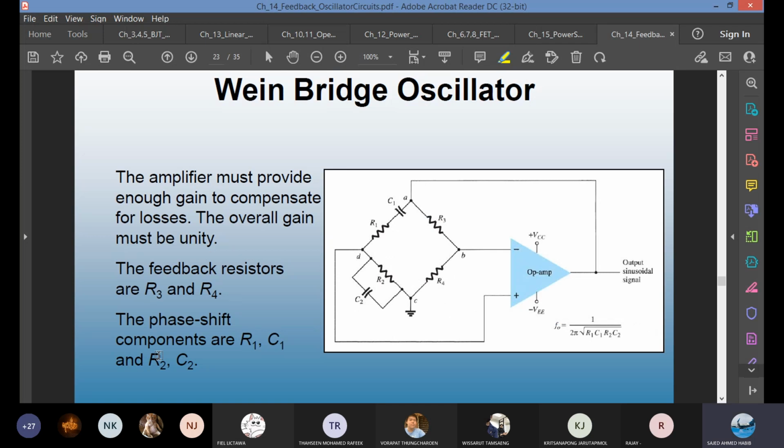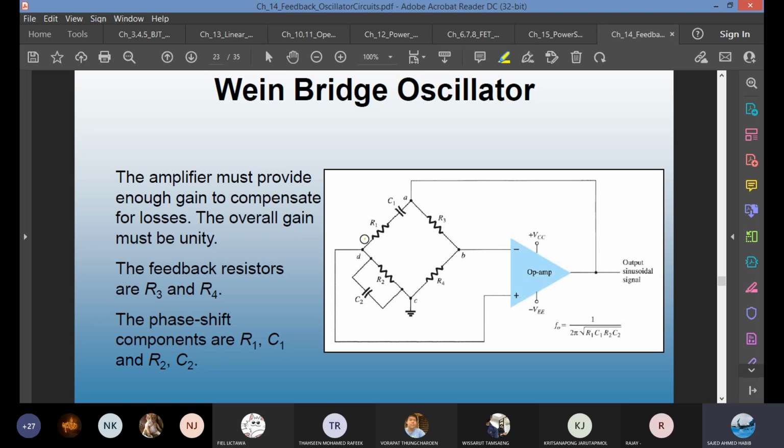Another one is Wien bridge oscillator, using 4 resistors and 2 capacitors in a bridge connection and applying to an amplifier. Different equation. In the formula sheet, it is there. There are two things happening here, phase shifting and feedback.